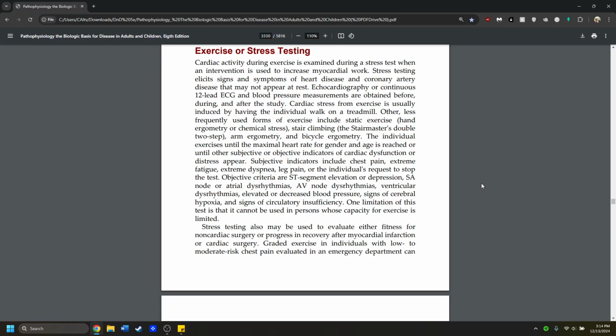One limitation of this test is that it cannot be used in persons whose capacity for exercise is limited. Stress testing also may be used to evaluate fitness for non-cardiac surgery or progress and recovery after myocardial infarct or cardiac surgery.